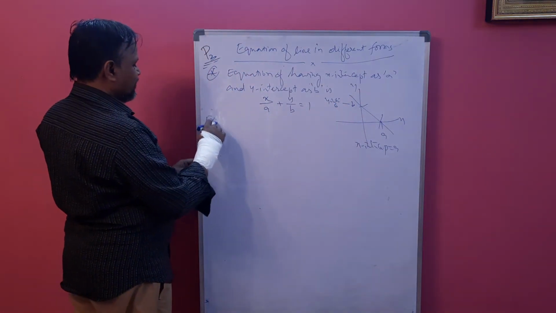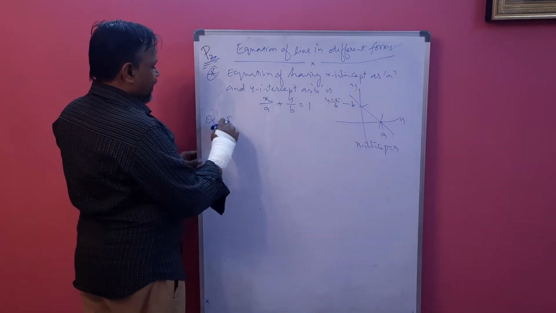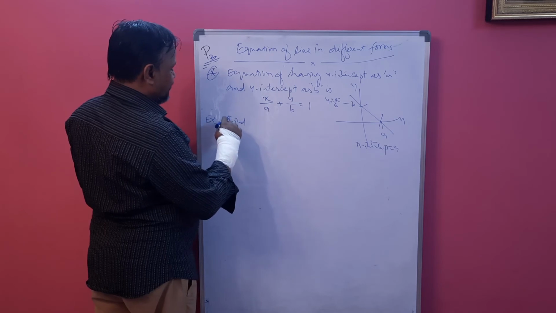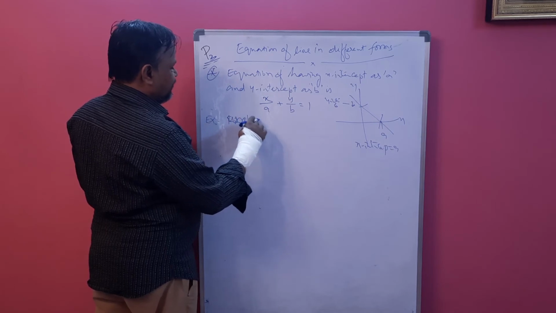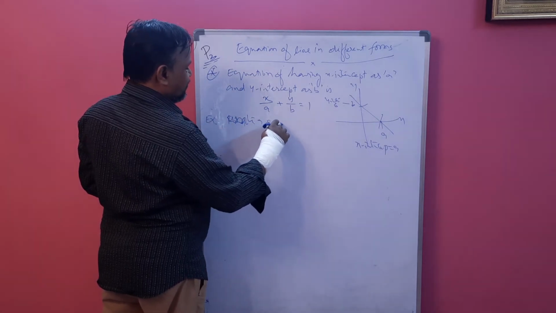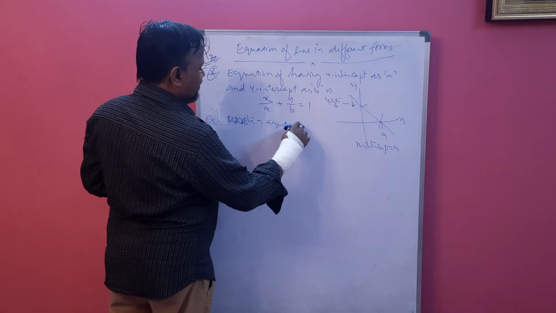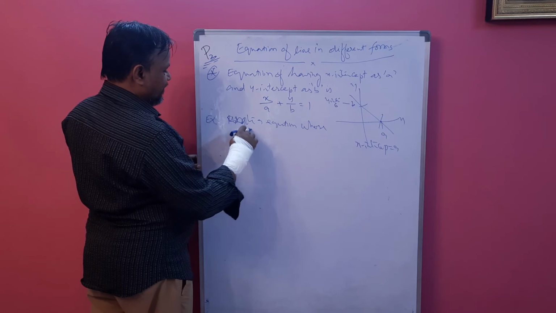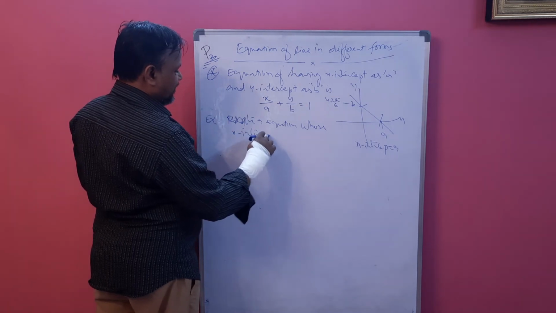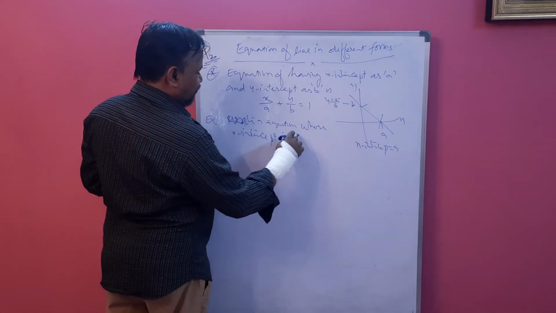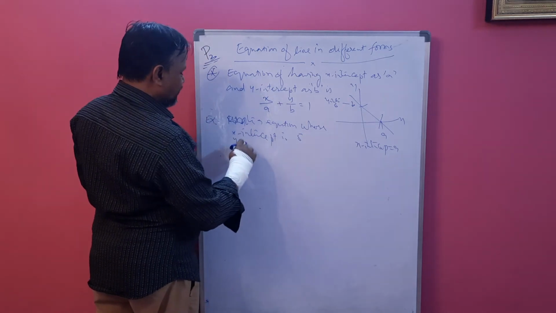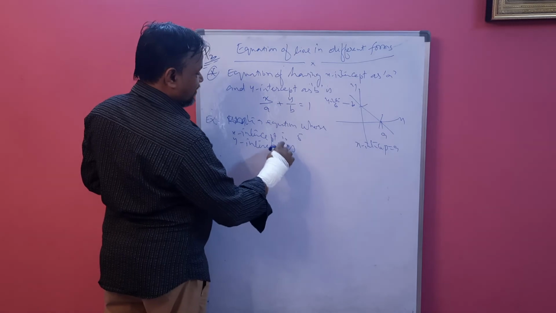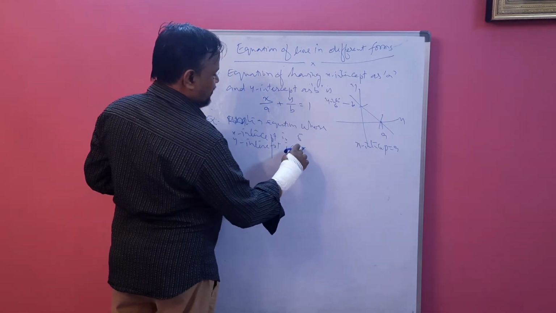Example: write an equation whose x-intercept is 5 and y-intercept is 3.